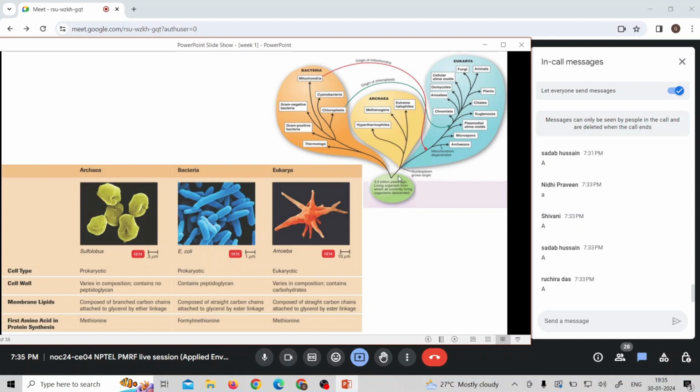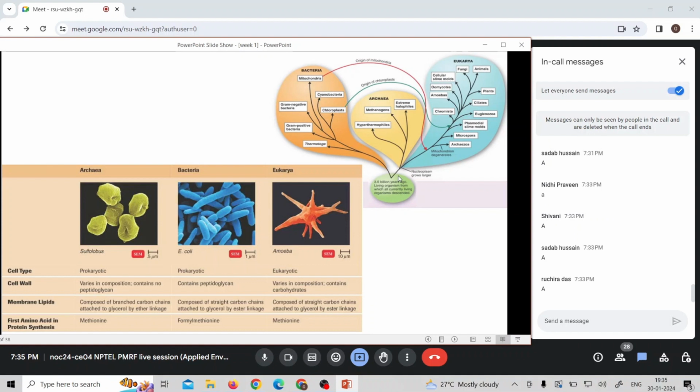You can see the archaea contain extreme halophiles, hyperthermophiles, and methanogens. One very evident similarity is that these organisms are extreme-conditions-loving organisms, right? Whereas here we have a variety of microbes like gram negative bacteria, gram positive bacteria, etc., which pertain to normal conditions or mesophilic conditions.